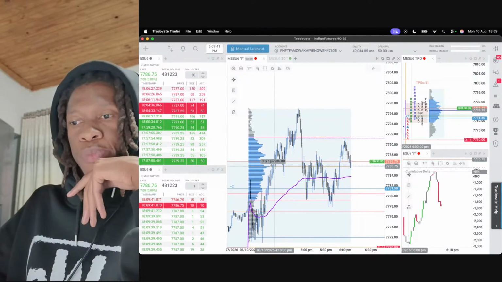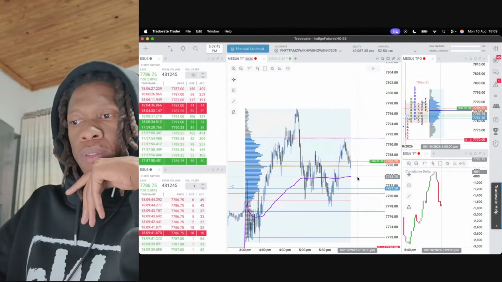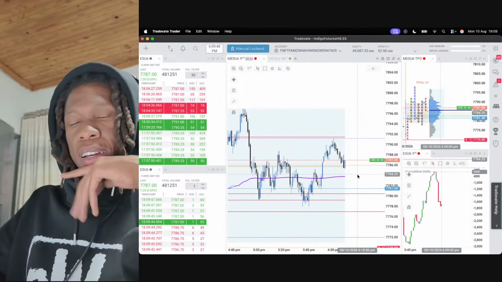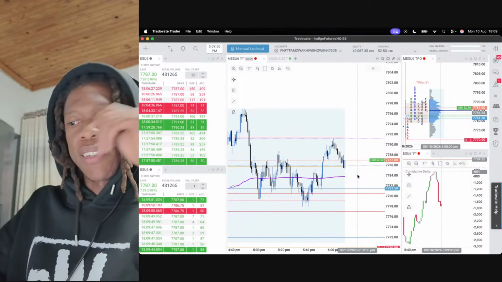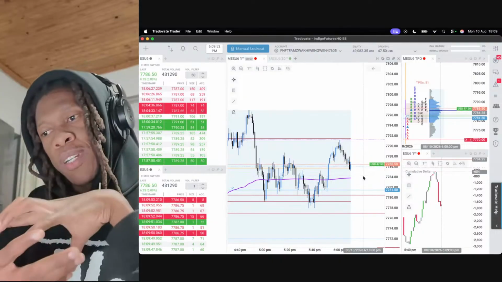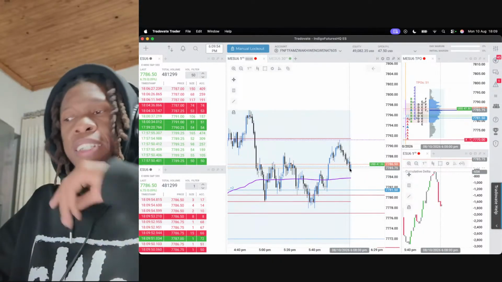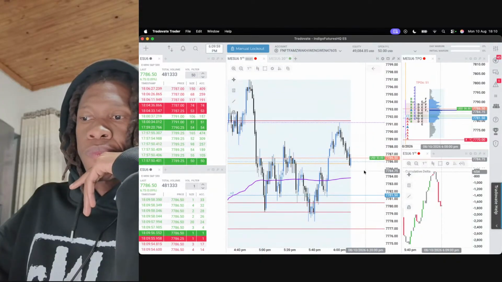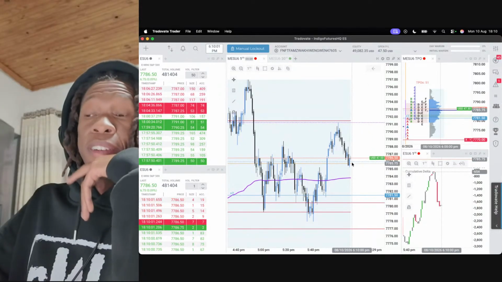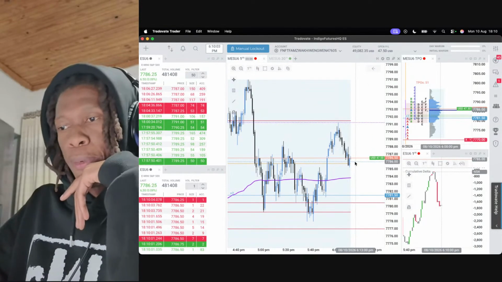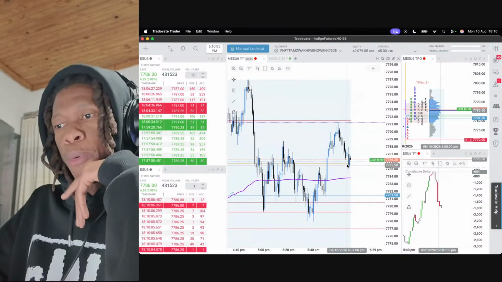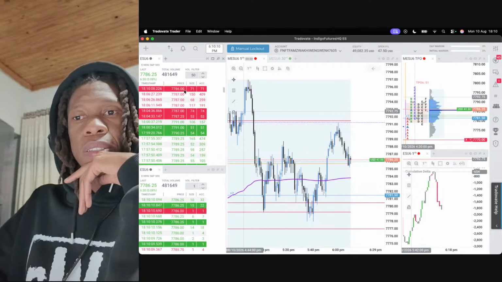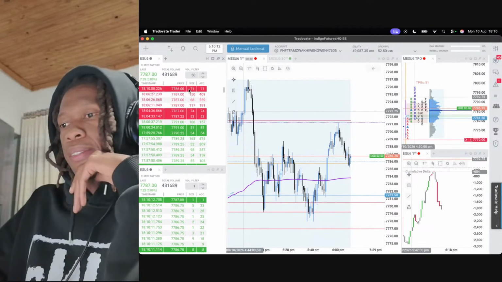That's what we need to do. We do have the overnight point of control as well, as a coupling mechanism. Not that the two are connected, but it does make this a very significant level right now. It was before, but now that our point of control is there as well. 71 and 86.